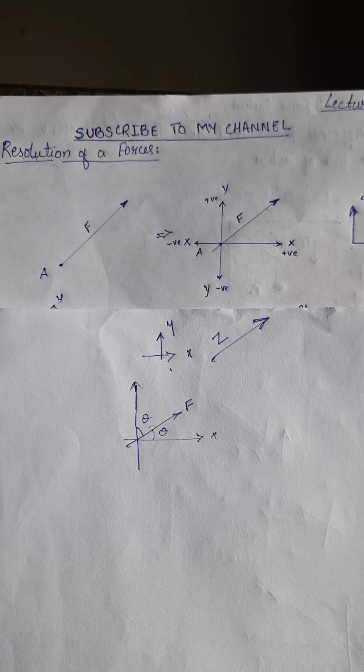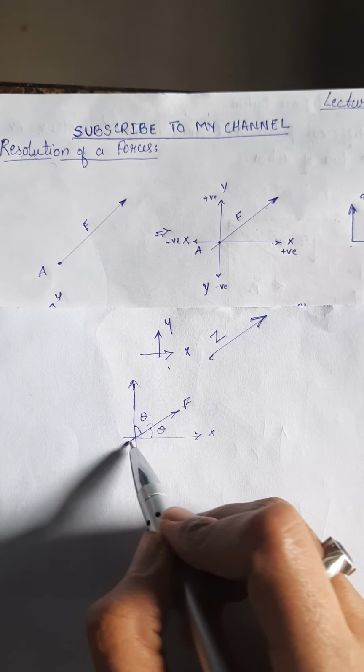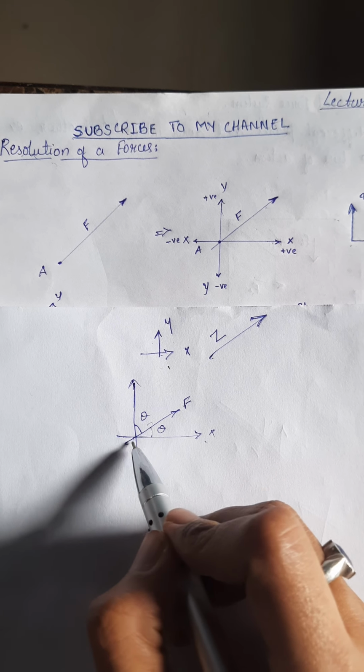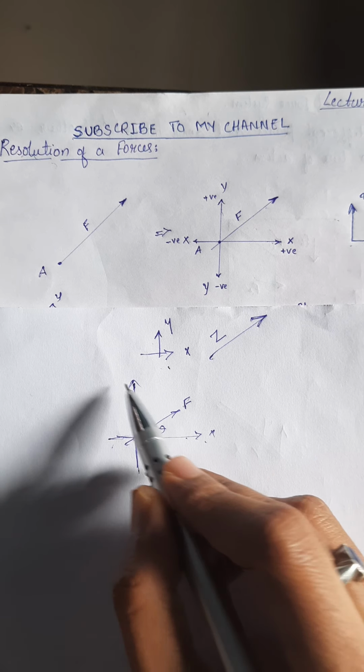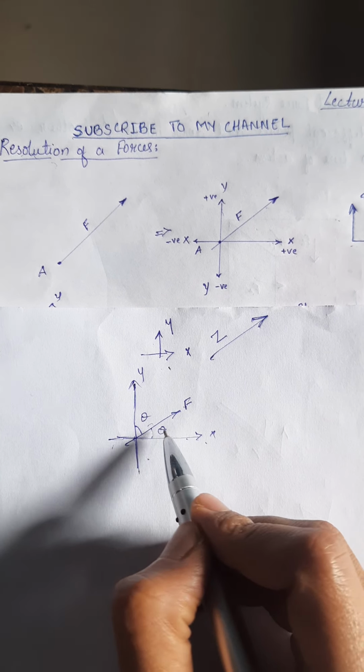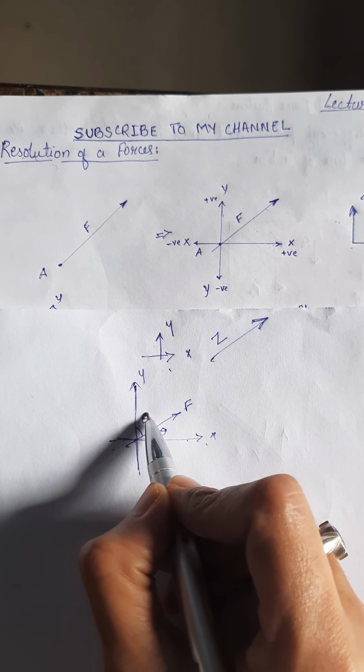For that, whenever you get an inclined force, just draw a quadrant system. As we know there are four quadrants, you just draw a quadrant system with x and y axis and check whether the angle is with the x axis or with the y axis. What does it mean?